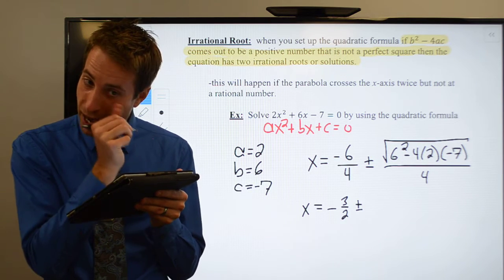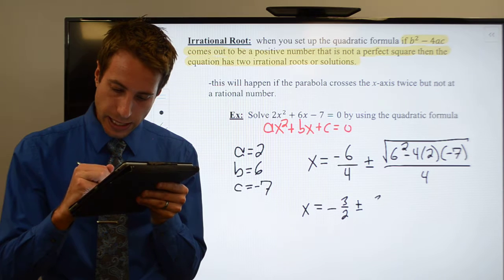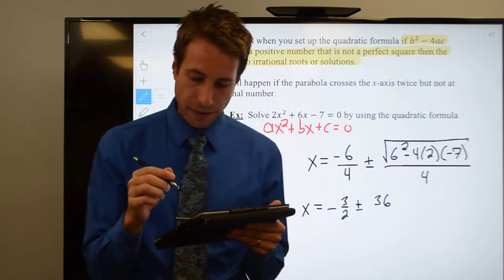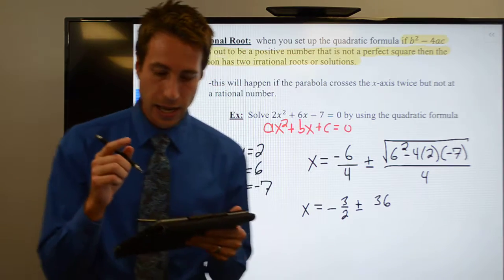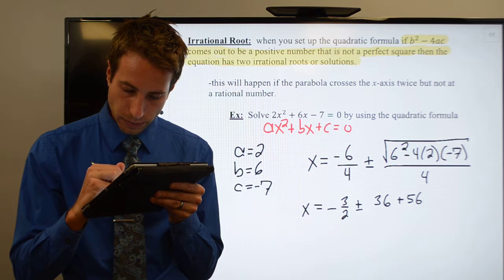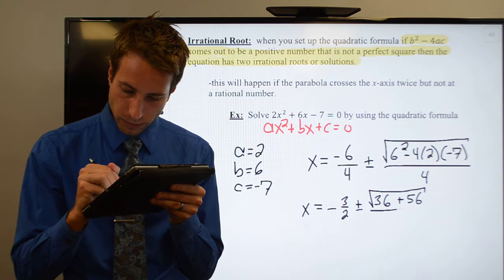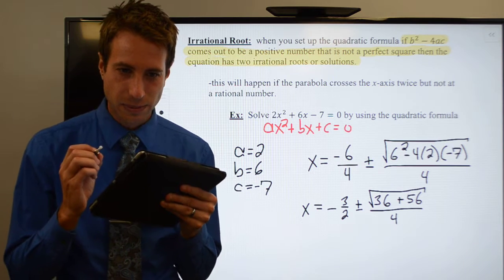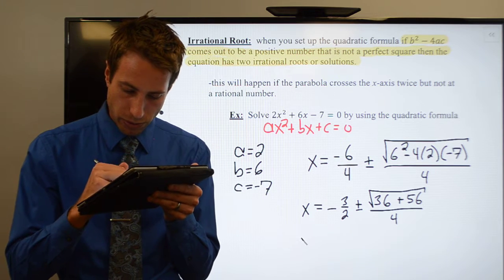Plus or minus. 6 squared is 36. And negative 4 times 2 times a negative 7 is going to be plus 56. All right, and 36 plus 56 comes out to be 92.